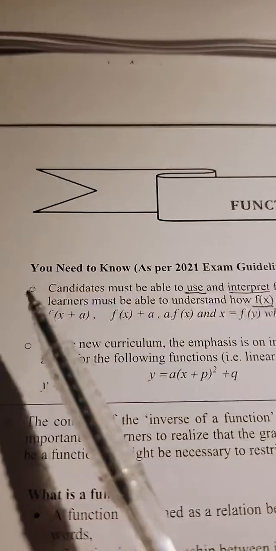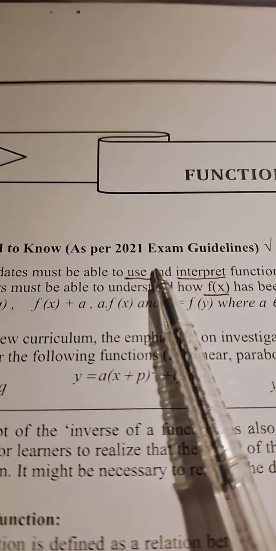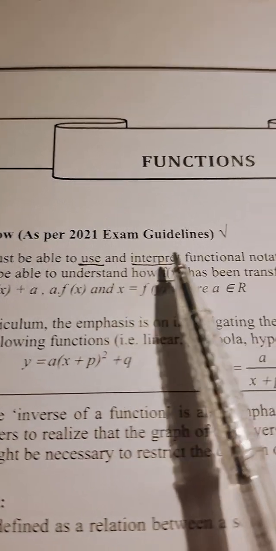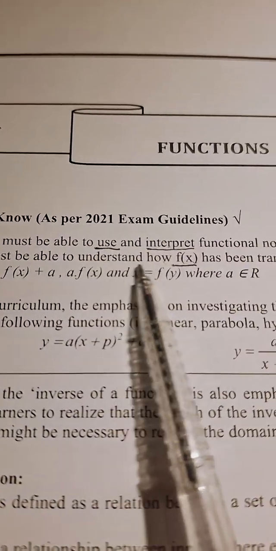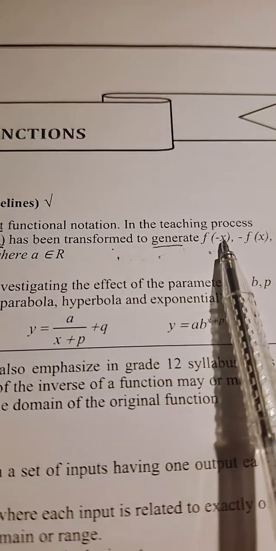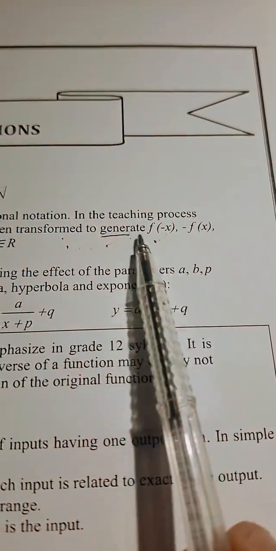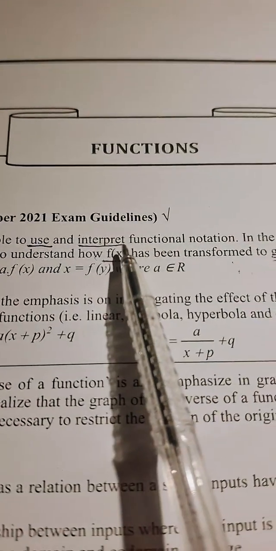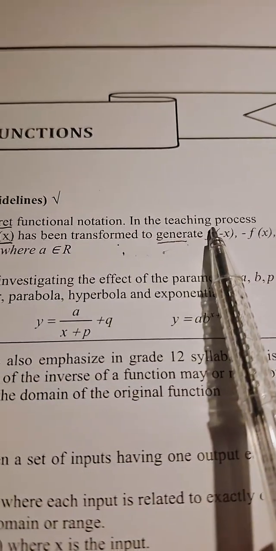Well, this is exactly what we are going to be unpacking, because candidates must be able to use. How can you use something that you don't know and interpret what functional notation is? And in the teaching process, learners must be able to understand how f of x has been transformed to generate the next one. So the question is, what is the transformation process from this to that?